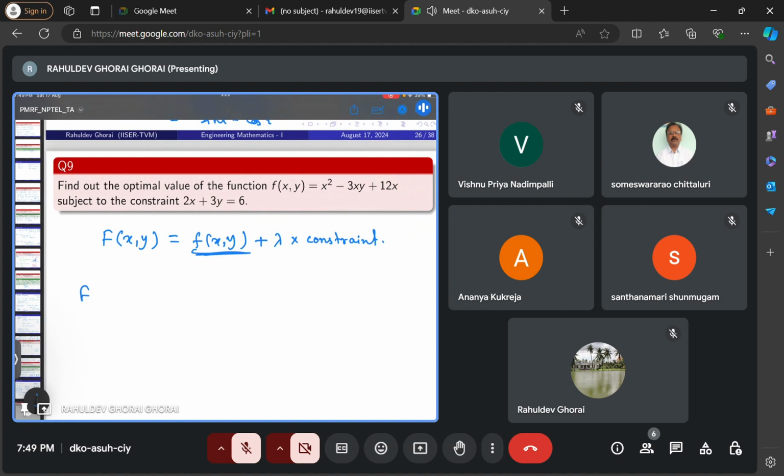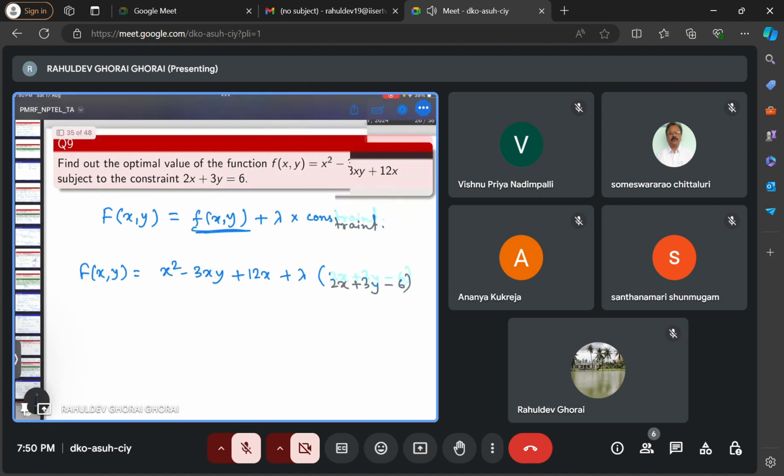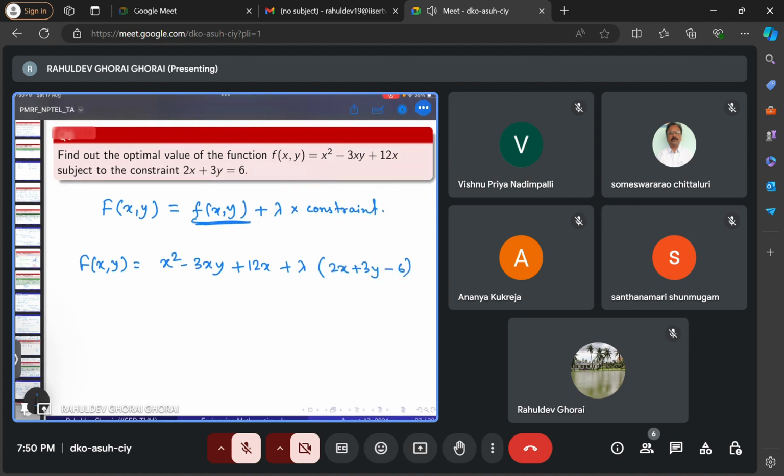So for our case, F of x, y will be x square minus 3xy plus 12x plus lambda times the constraint, which we will write as 2x plus 3y minus 6, because the constraint is this. Now what will be Fx?